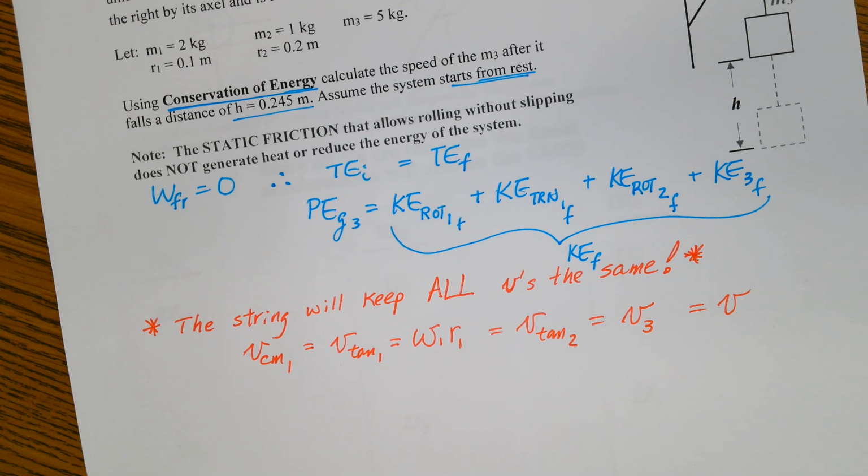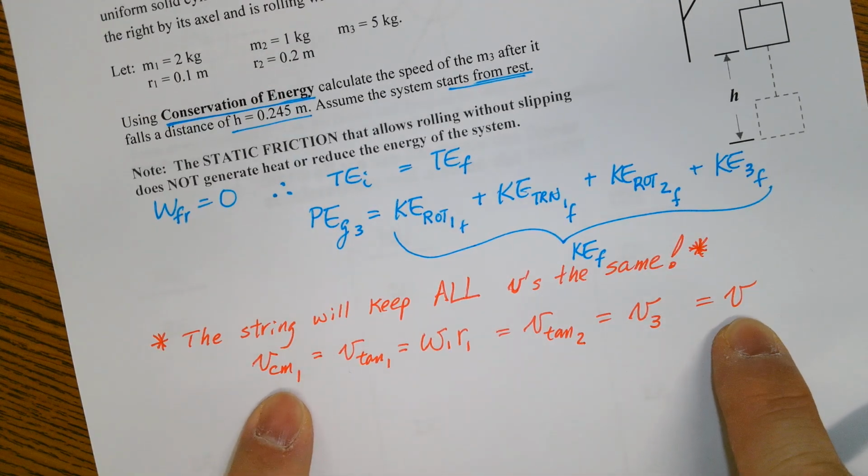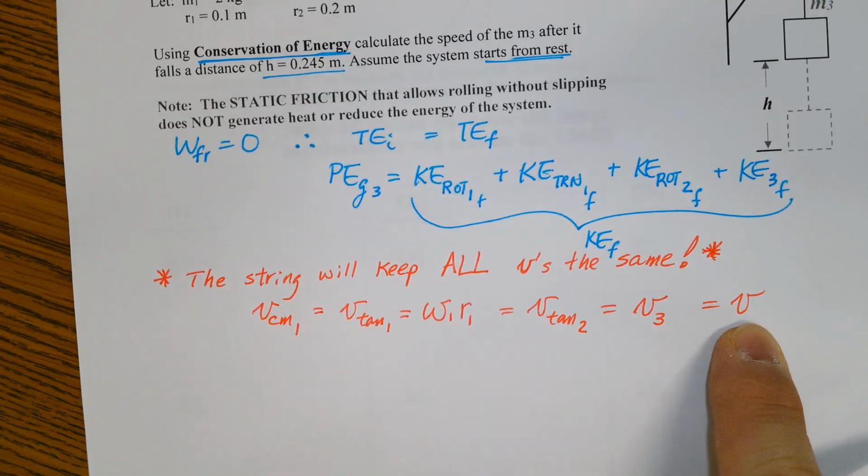Since they're all the same, we can drop the subscripts and just use V as a common V for every one of them. That makes it more convenient, I think.